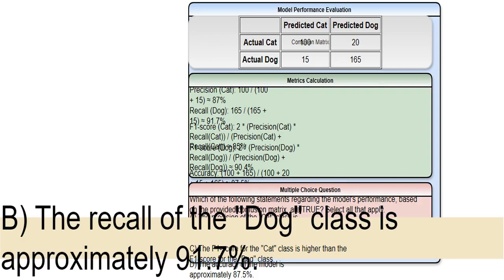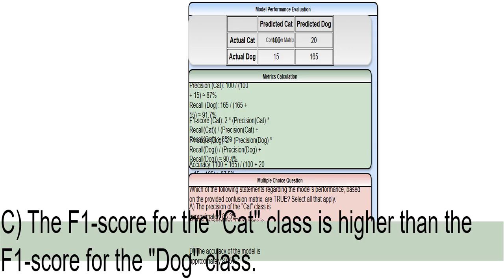This statement checks if you understand that the F1 score balances precision and recall and how it compares between classes based on your calculations from lines 8 and 9. This tests if you correctly calculated the overall accuracy of the model using the confusion matrix, comparing it to your calculated value in line 10.